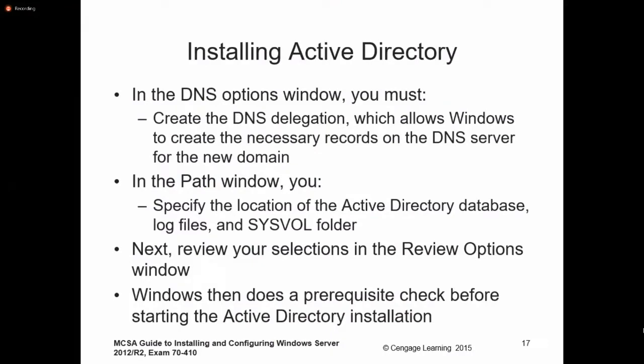Right, in the DNS, you have to create some values in this DNS server also. You specify the location of the Active Directory database and log files. These are actually done by that tool. So after installing the ADDS service, these steps will follow.